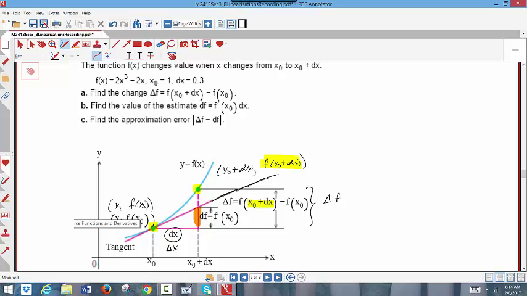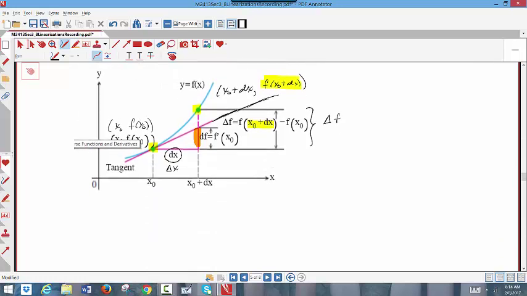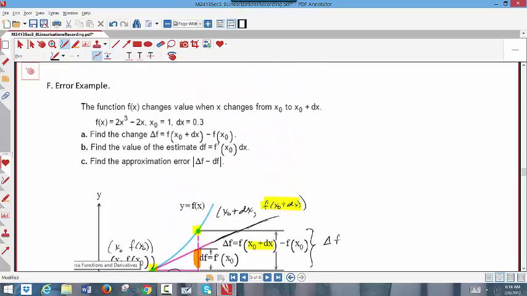That little df is kind of hard to see. But anyway, just follow the values in the questions. Sometimes if you over study the diagram, it's a little more confusing than it needs to be. Let's just do this as it says. It says find delta f, noting that it's f of x of 0 plus dx.